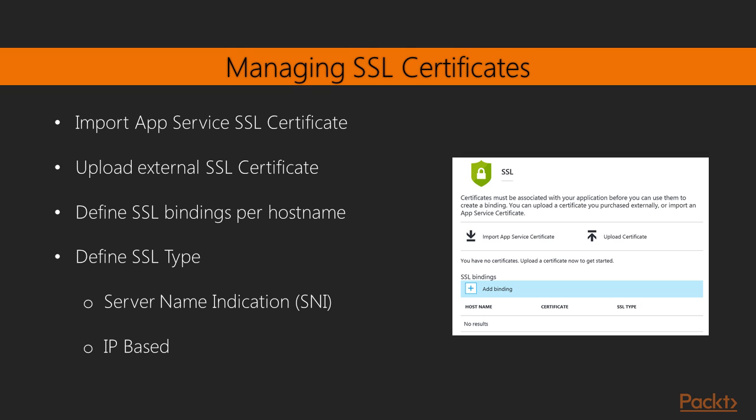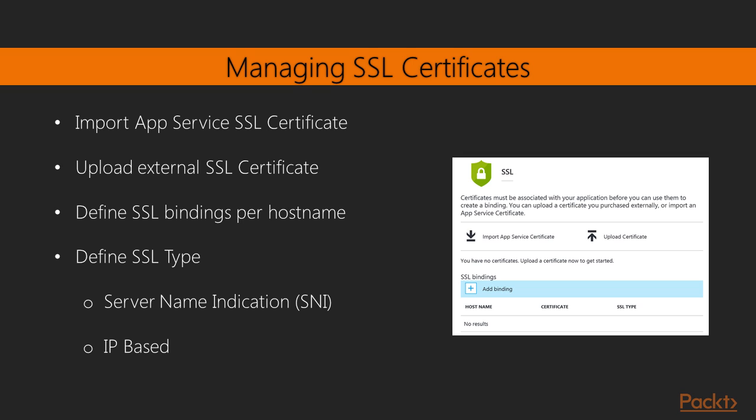Once you have imported your SSL certificate, you also have to provide specific SSL bindings per hostname, as well as define the SSL type you want to use, which can be server name indication based on host name or specifically IP based, if you're using multiple public IP addresses pointing to different web applications running on the same web server. So a lot of similarities with any typical on-prem web server like IIS or Apache on Linux, but this one is using Azure Platform Services.